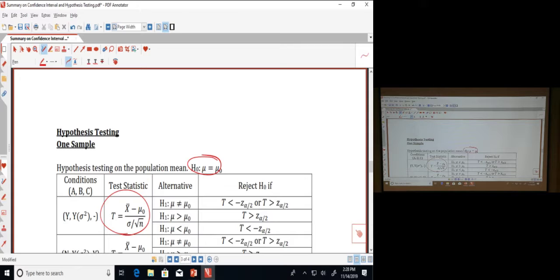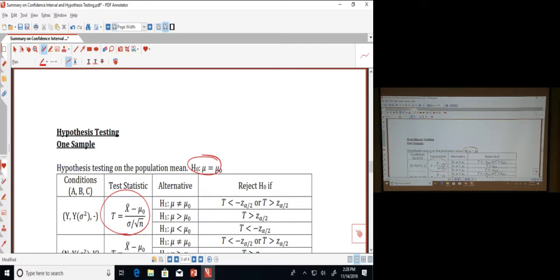So I have to substitute mu naught in place of mu. Then that one follows a standard normal. But I have to qualify that statement. It needs H naught to be true. In other words, we assume that H naught is true. Then this one will follow standard normal. In fact, all our decisions are based on the assumption that the null hypothesis is true. The idea is that under the null hypothesis, I see something.